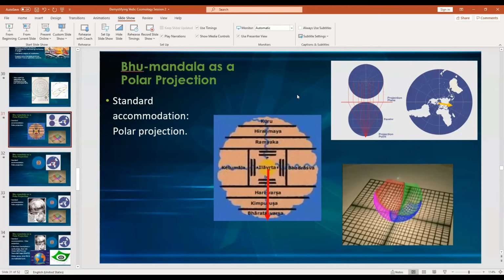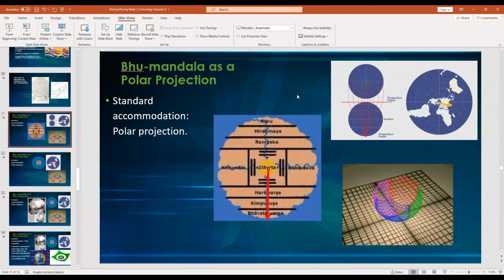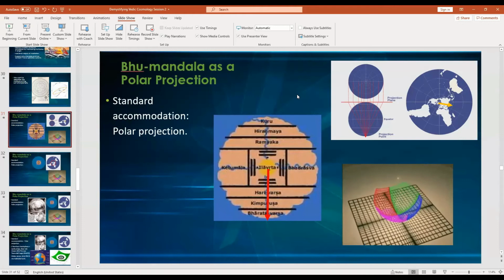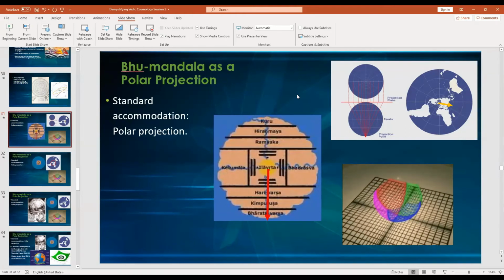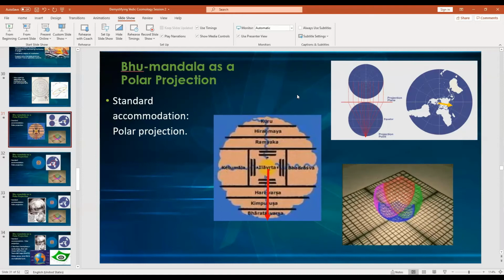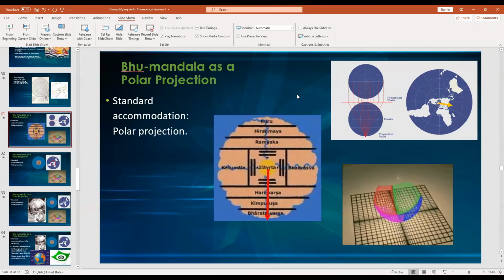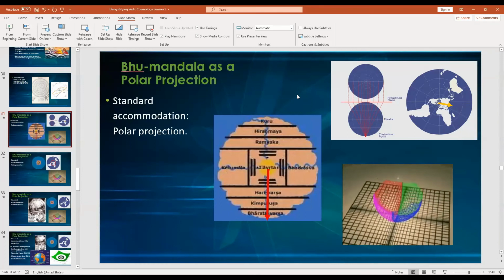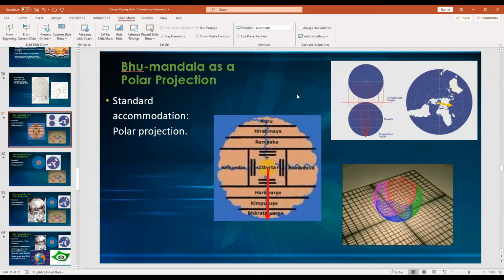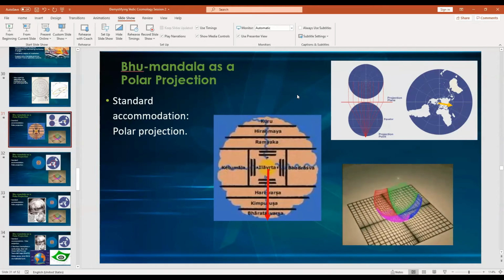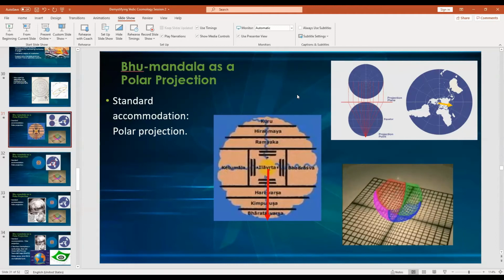But there are also descriptions of Bhu-Mandala that we cannot see. For example, Mount Meru is a mountain of solid gold, and it's as high as 2 to 3 times the distance from the Earth to the moon. Very few people have seen this, and only because they have special vision. How is it that this is possible?